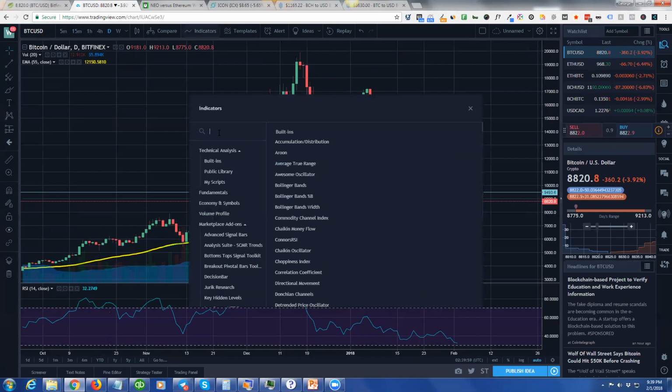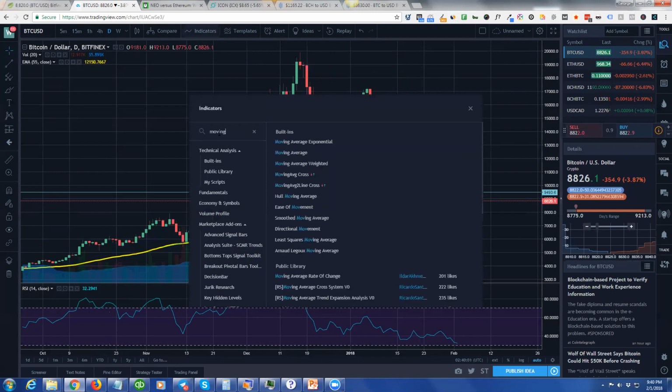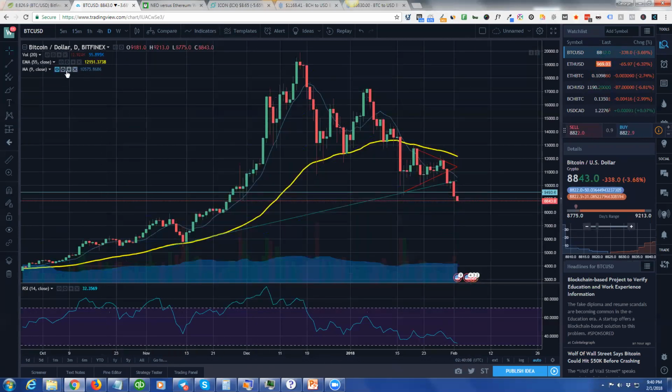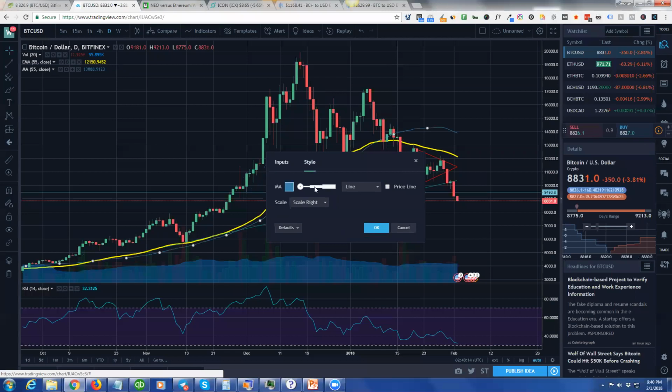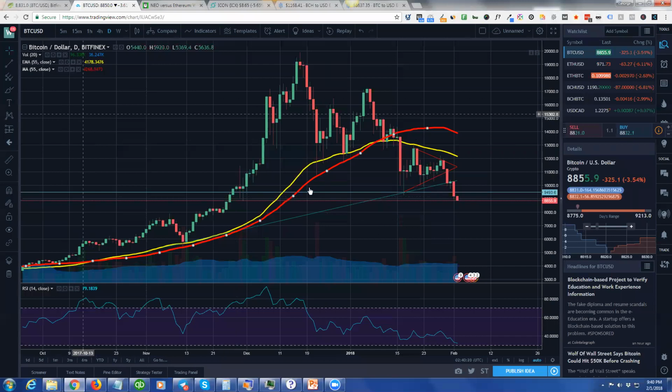So if I do moving average, which is a simple moving average, and I make this 55 as well, and make it red so we can see it, and make it thick. So we're using the same number, but you can see how it plots out differently, right?